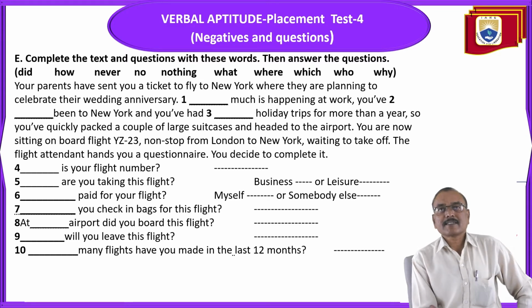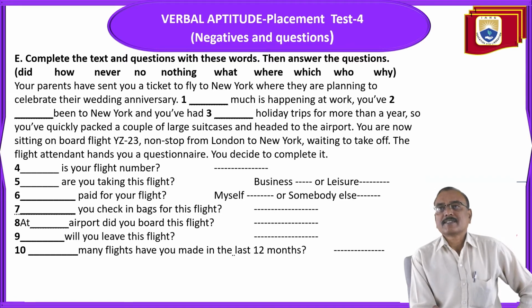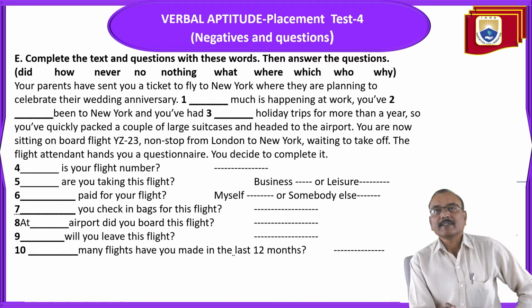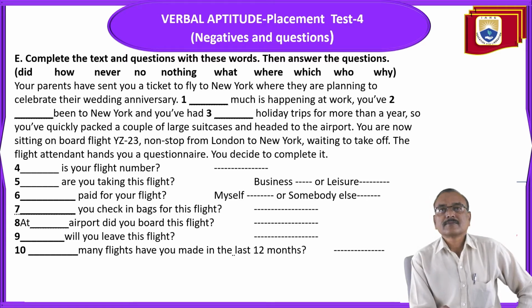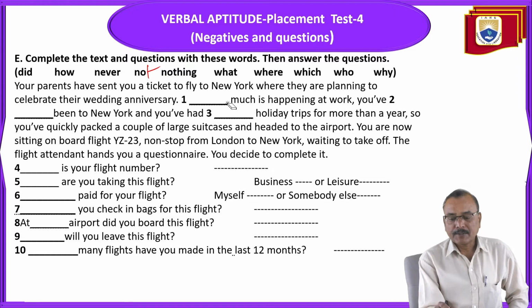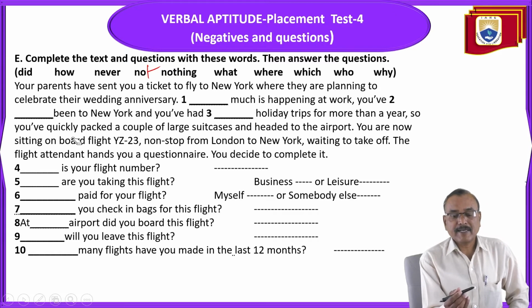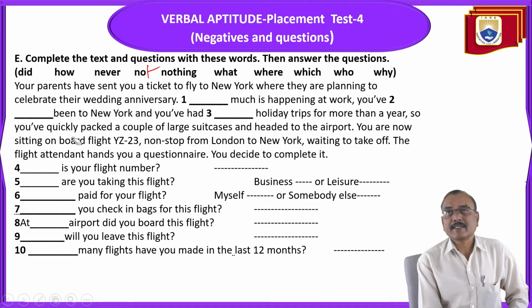First read the instructions. Complete the text and questions with these words. Then answer the questions. See the list of words: did, how, never, no, nothing, what, where, which, who, why. Right? See here. Your parents have sent you a ticket to fly to New York, where they are planning to celebrate their wedding anniversary.